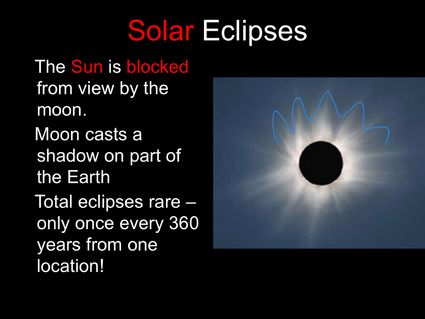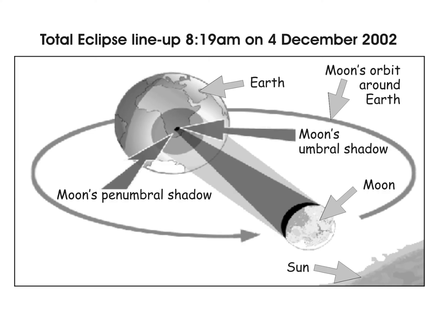The moon casts a shadow on the Earth. Total solar eclipses are very rare, but partial eclipses, like the one we had in 2017, are much more common. This image shows you an older solar eclipse and how the shadows are actually cast on the Earth as the moon moves relative to the sun and Earth.